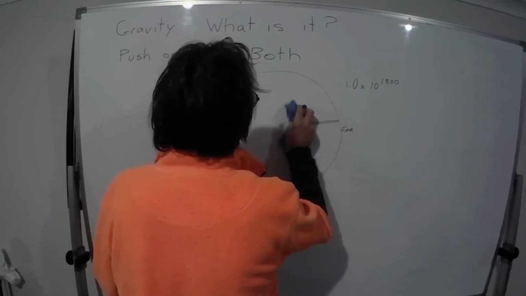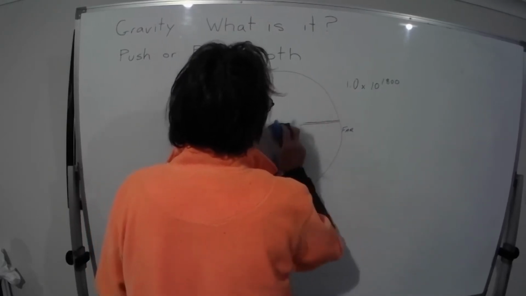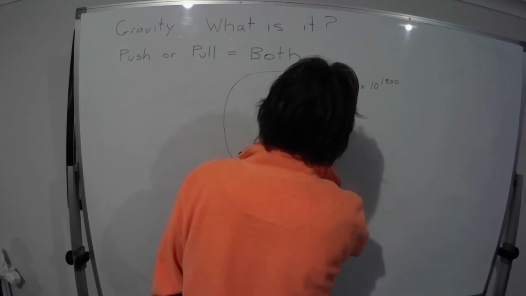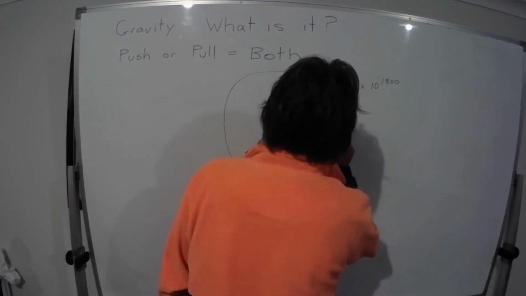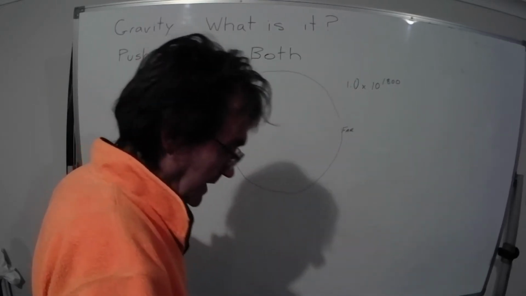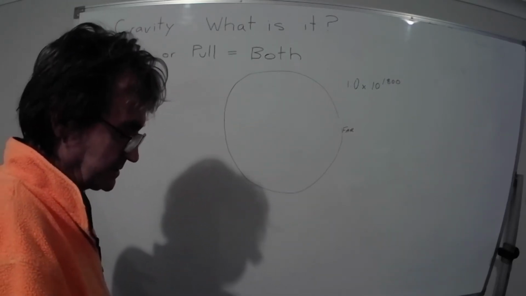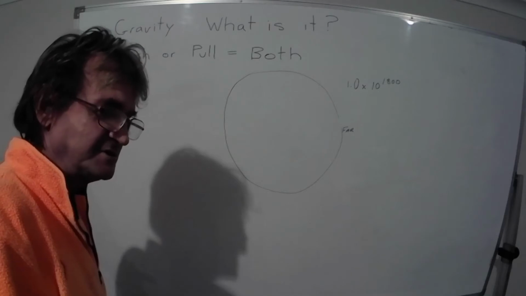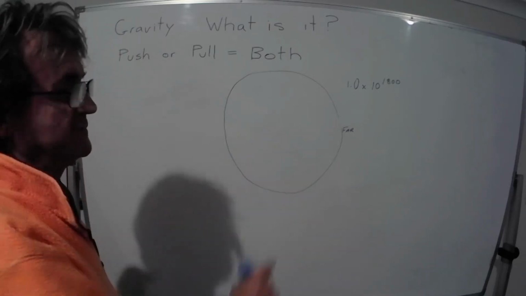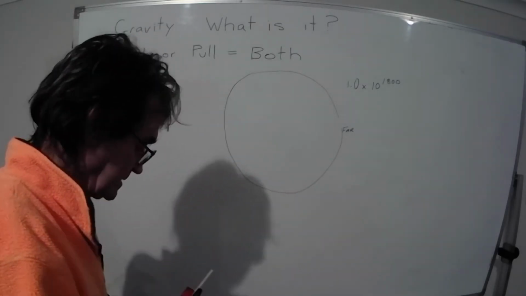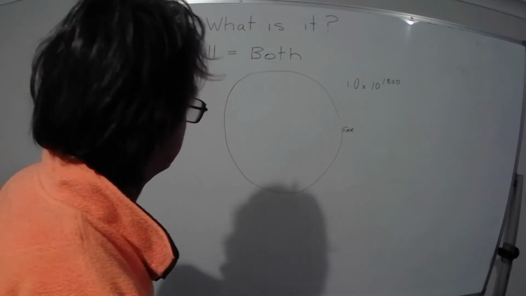And we can prove the existence of this far field. Very easy. Voyager 1, Voyager 2, Pioneer 1, Pioneer 2, all the Mars missions, all of them proved that this far field exists. Why? Because they all carry gyroscopes.